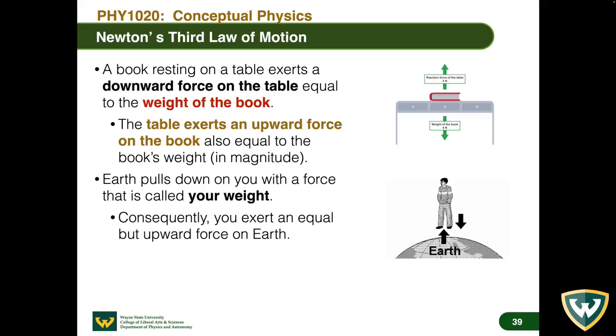The earth is exerting a force on you, but you are also exerting a force on the earth. Now you might wonder, how can that be? I'm so small, the earth is so big, right? Well, imagine now that instead of being a small human relative to a big earth, you were 2 planets, same size.